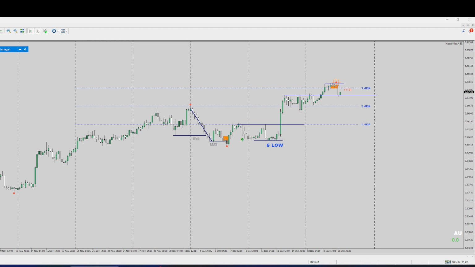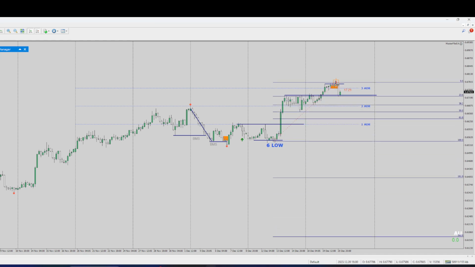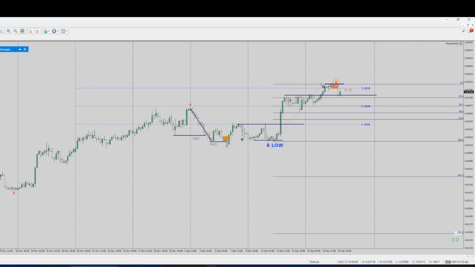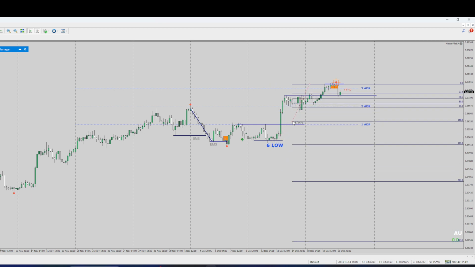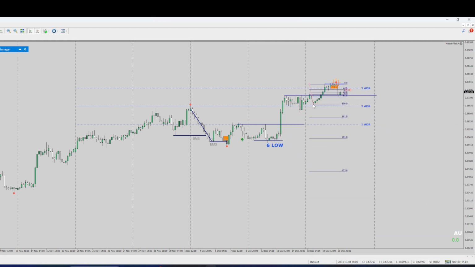Another thing you could do to get an idea of your entry, oftentimes you can just take your fib out, go from low to high. Sometimes I'll do that on, actually, let me do it like this. The reason why I'm doing it here is because this is the current week.